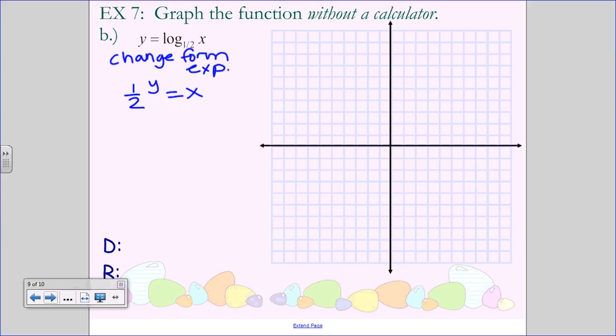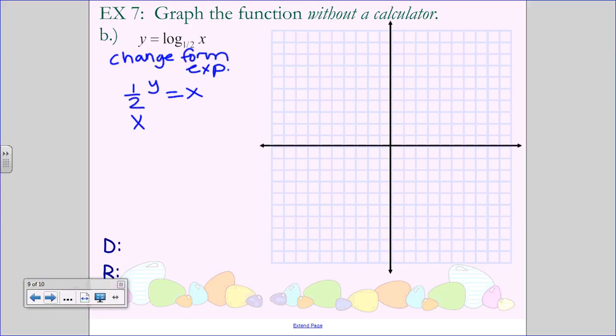This is the exponential form, but it is not an exponential function because the y is in the exponent and not the x. So that's why you can't switch your x and y. Okay, it's very important. So we changed the form. This is the same function, it's just in a different form. It's in the exponential form.